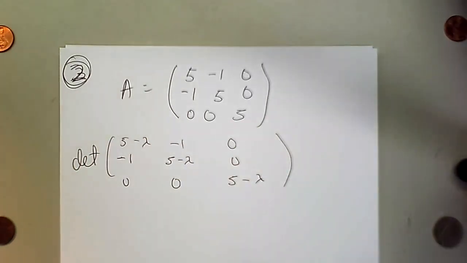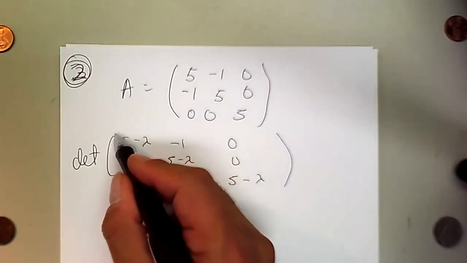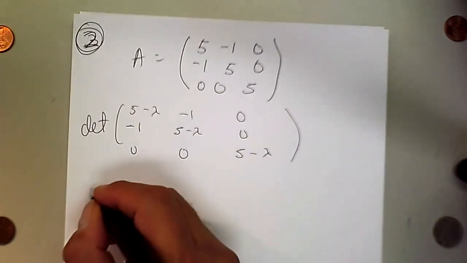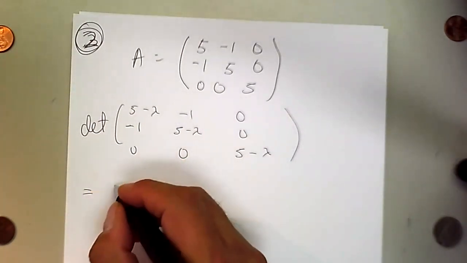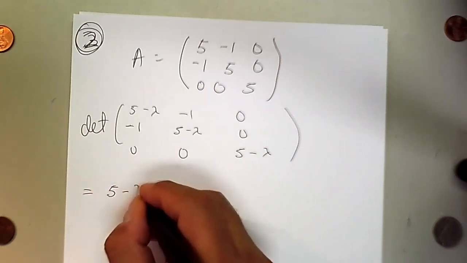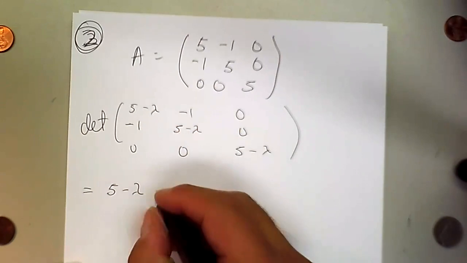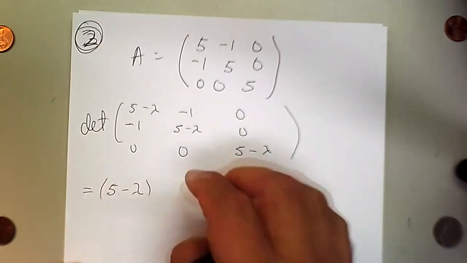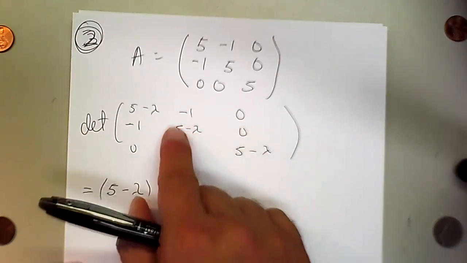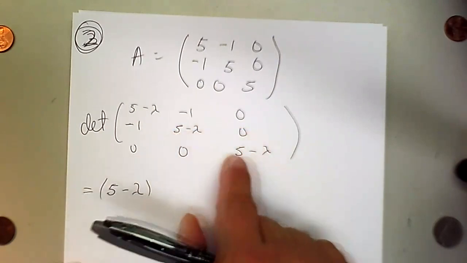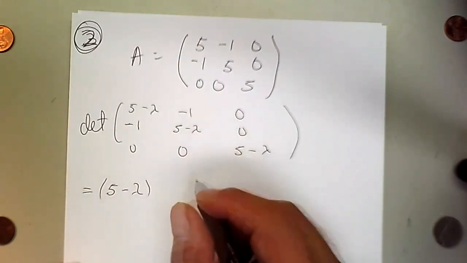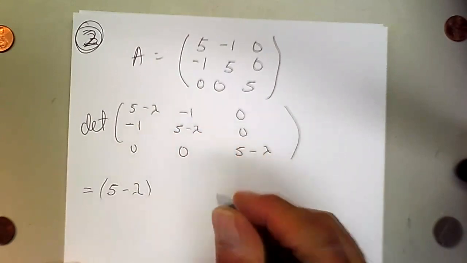Okay, determinant of that. And we can start by 5 minus lambda times the determinant of this submatrix, with those 4 elements in it, in that order, will be, well, 5 minus lambda squared.